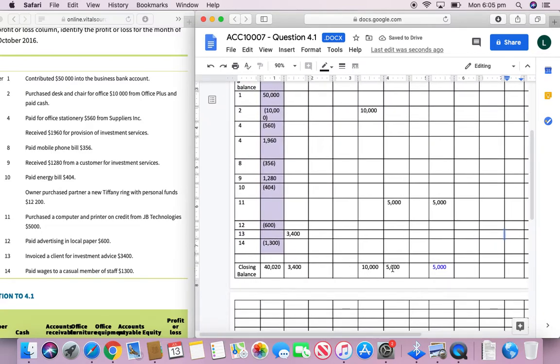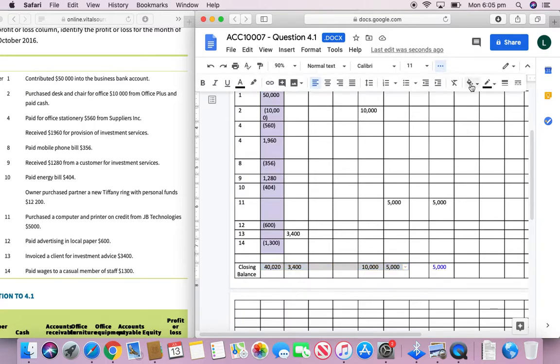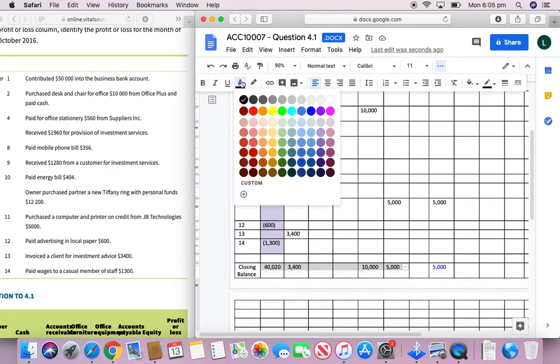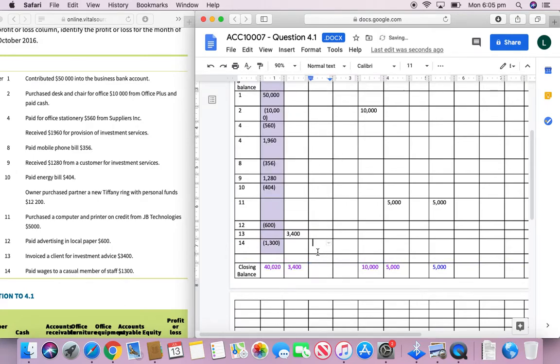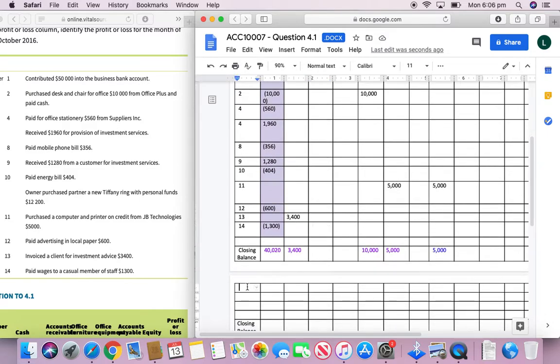And then if we add these together, let's make you dark purple. So we go 40,020 plus 3,400 plus 10,000 plus 5,000 equals, I'm just going to write it here for you, 58,420.